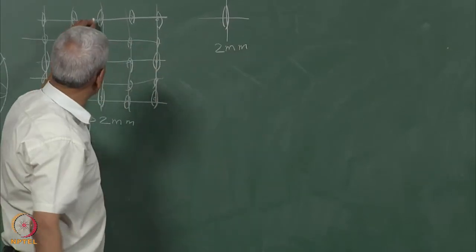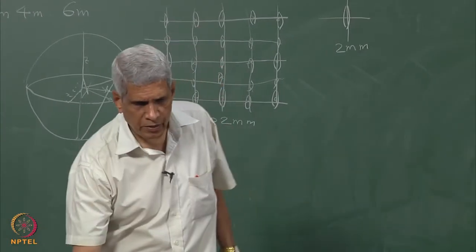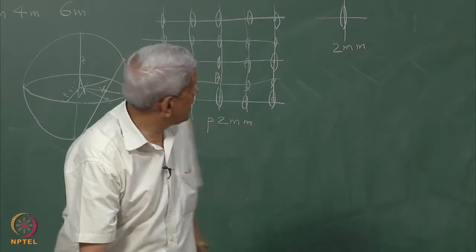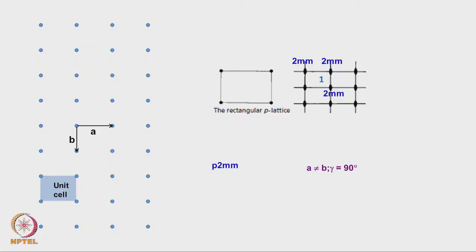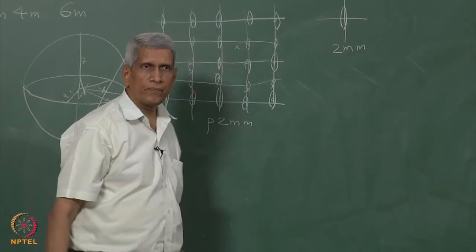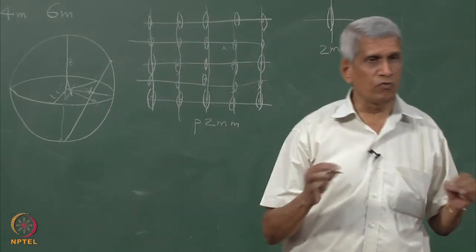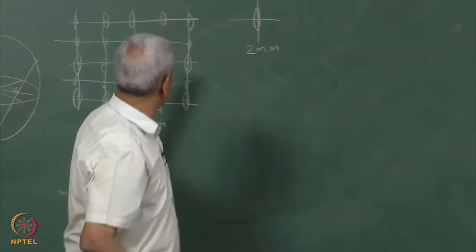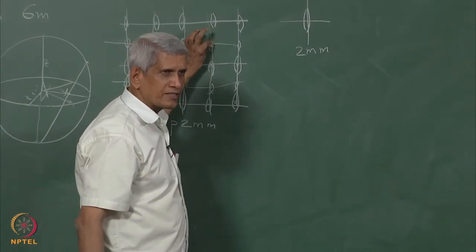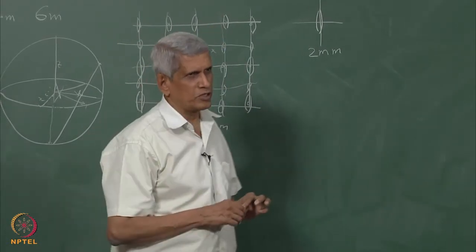So here if we look at all these points, all of them exhibit the same type of symmetry, correct? 2 mm. And any point which is there here, the center here, if we consider it, what will be the symmetry which it will exhibit? Only a one-fold rotation symmetry, because around this point, except for 360 degree rotation around this axis, okay, any other rotation it will not come back to identical position.